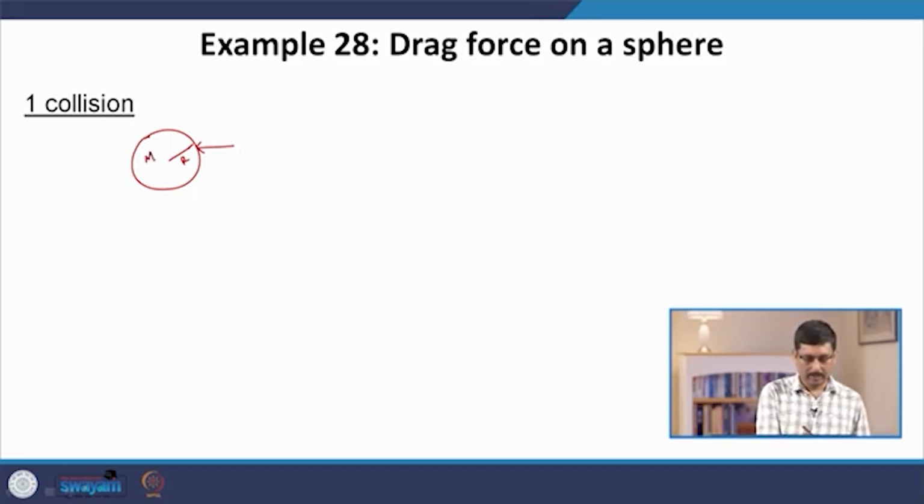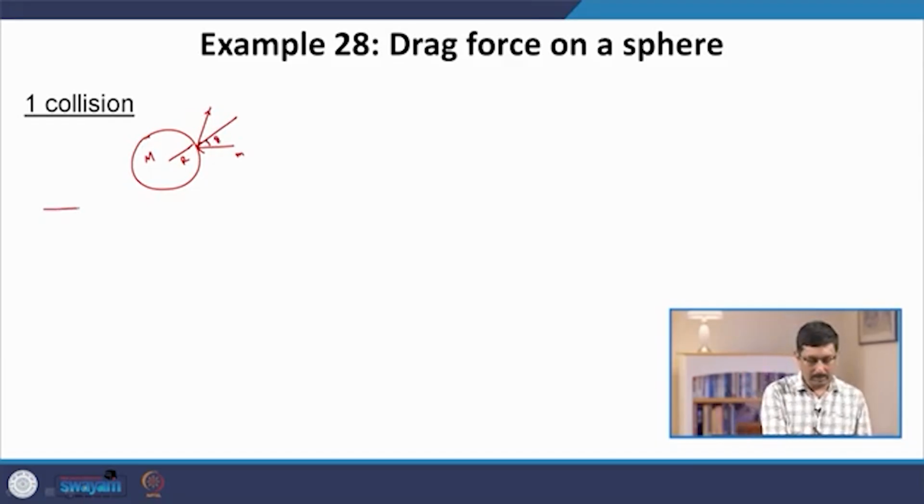So, this has a mass capital M, this has a mass small m. This particle hits the sphere and then it rebounds in this direction, suppose. Now, this angle is called theta.